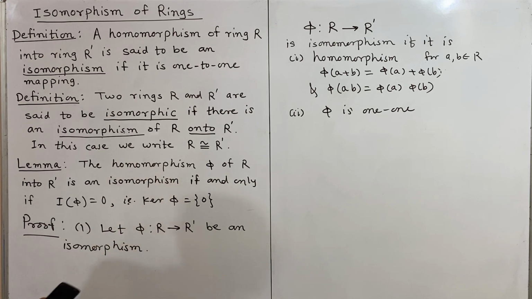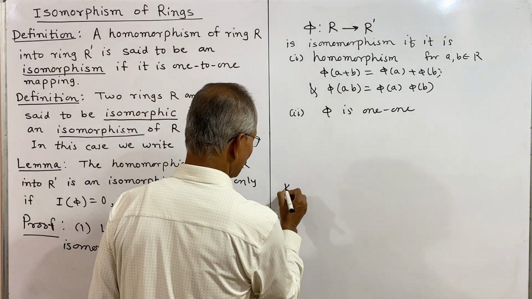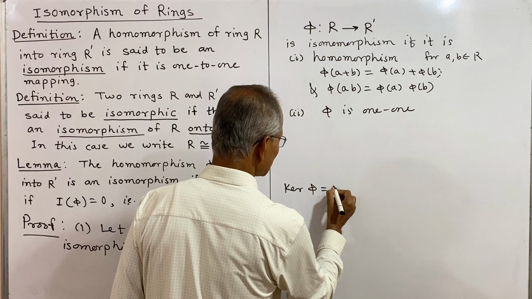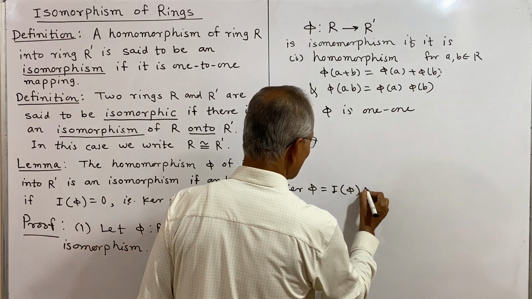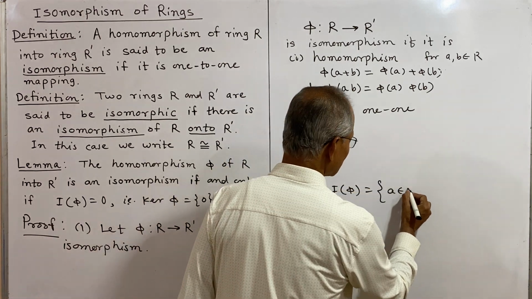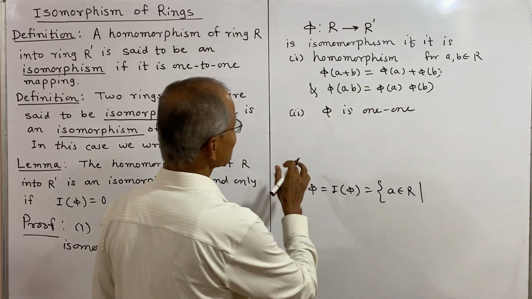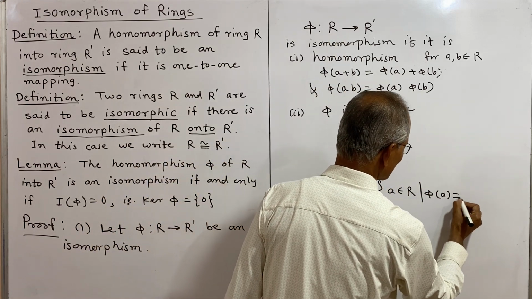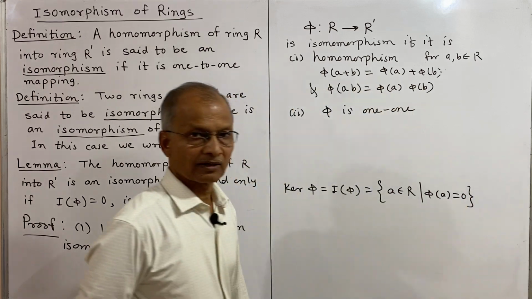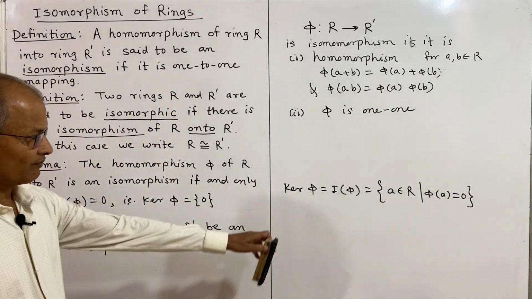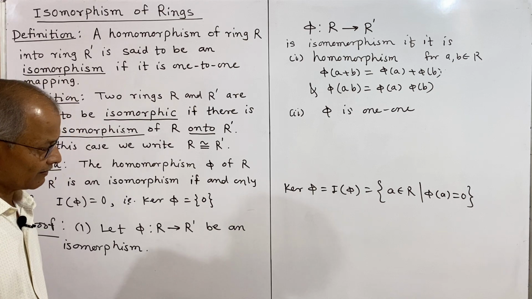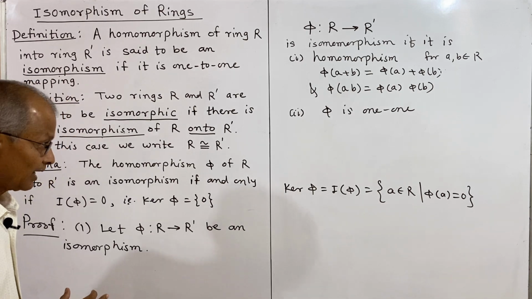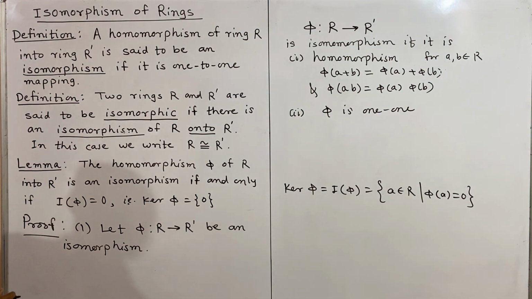Earlier we defined the meaning of kernel phi. Kernel phi, denoted by I of phi, is the set of all elements A in R, the first ring, such that phi of A is equal to 0. You can refer to the earlier lecture, where we defined the kernel of phi. It contains the 0 element, since 0 is mapped to 0.